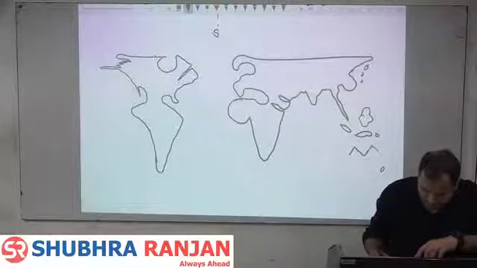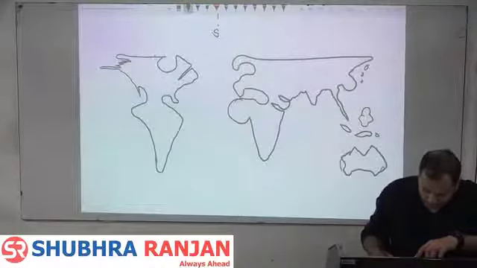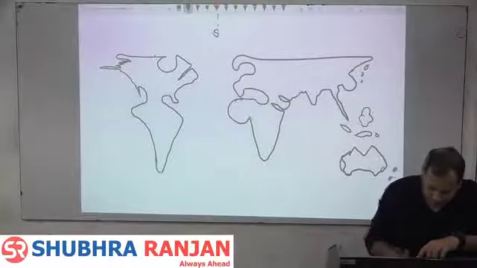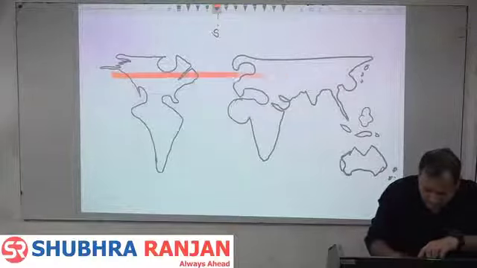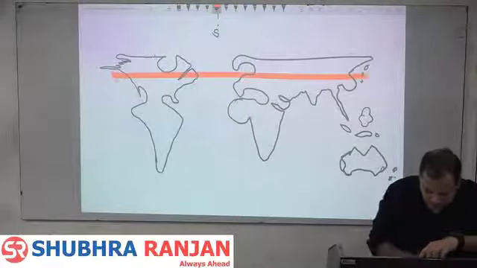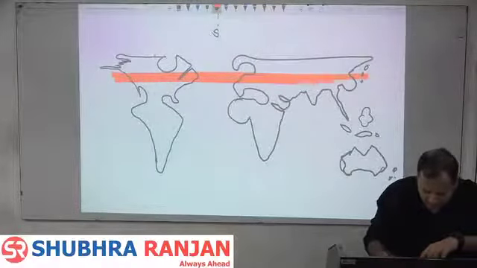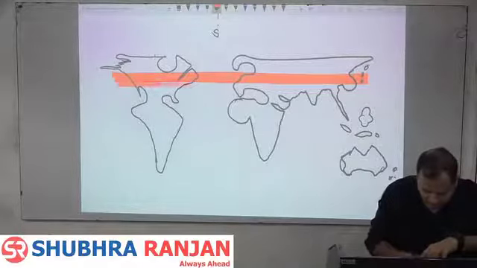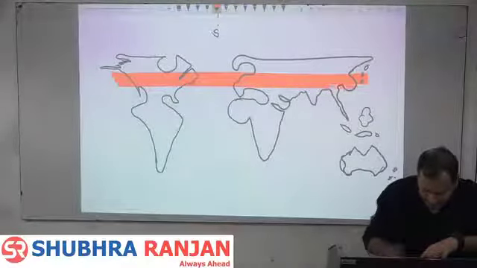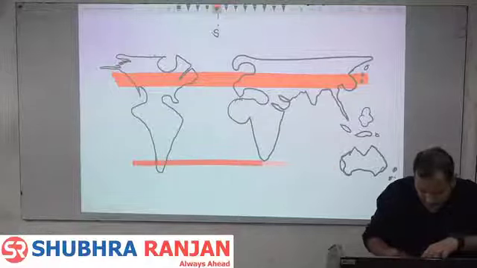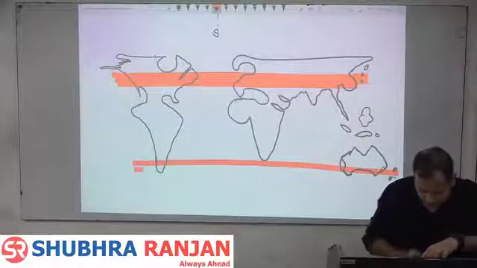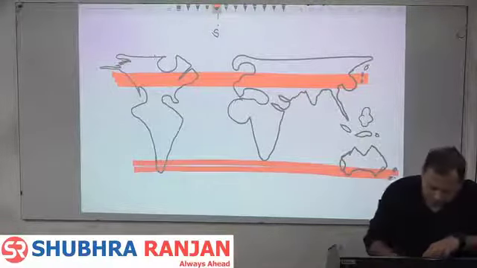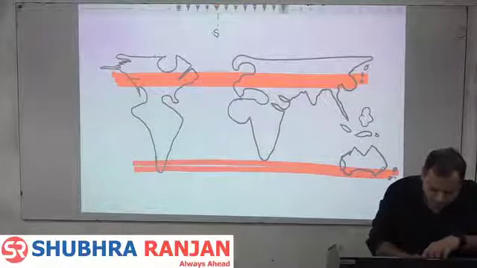Done with this world map? Shade this entire part. And then draw the lines like this.